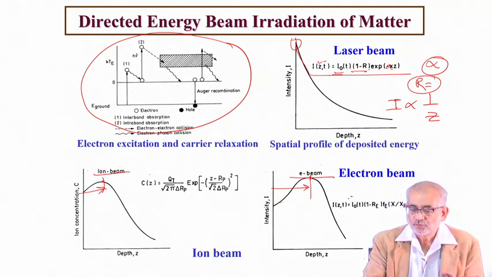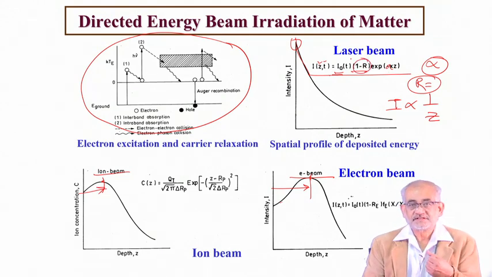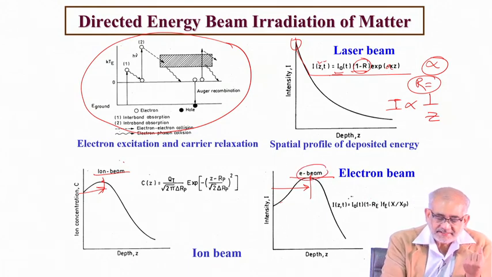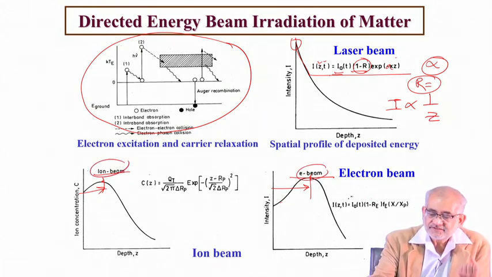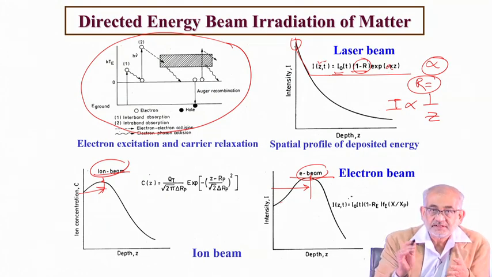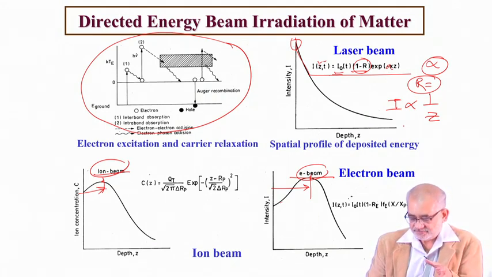Whatever is not reflected, whatever is absorbed, is expressed by this 1 minus R term. So compared to electron beam and ion beam, the biggest advantage of using a laser beam is that the absorption is maximum at the surface, and it decreases exponentially with depth.